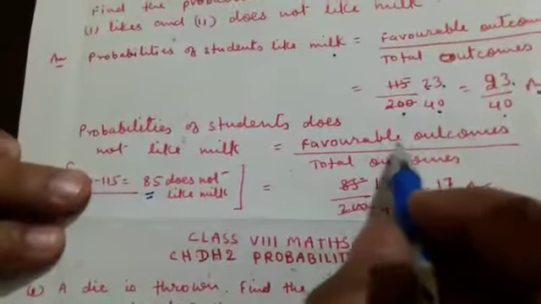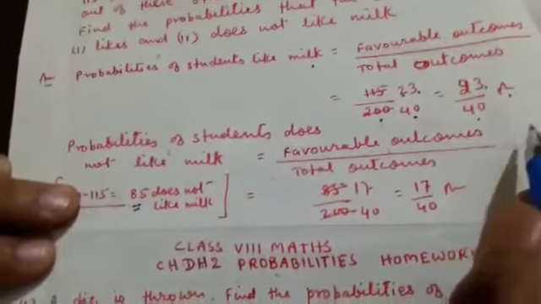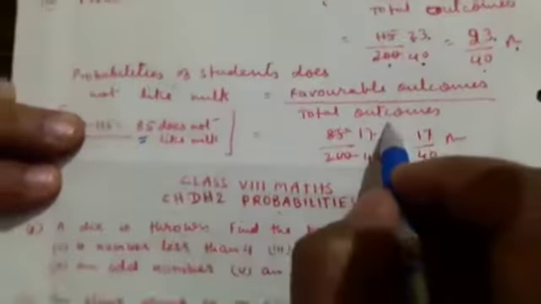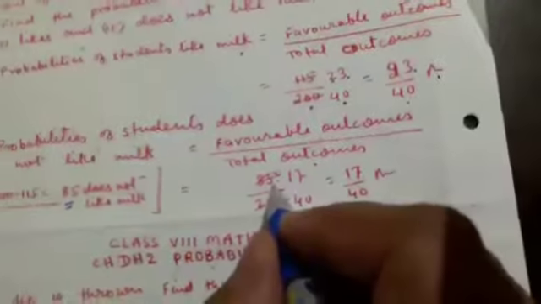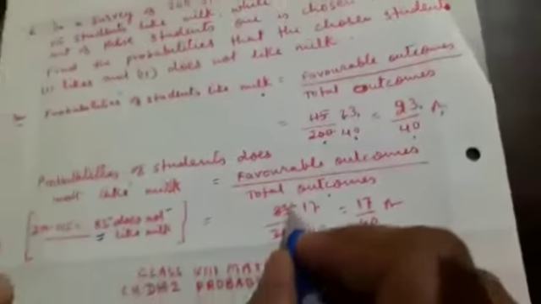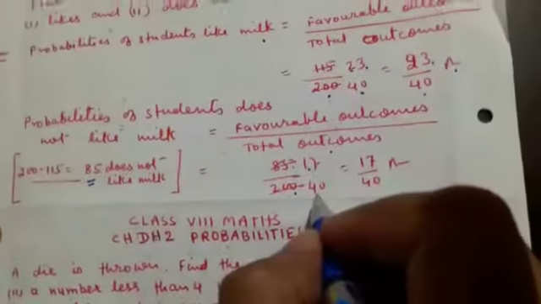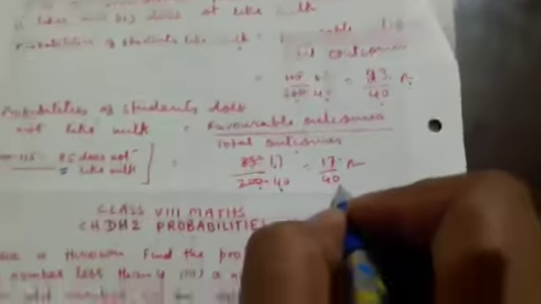So probability of a student who does not like milk is equal to favorable outcomes upon total outcomes. So 85 upon 200, and now let us simplify this by 5. Divide both sides. 17 5s are 85 and 40 5s are 200. So that is 17 by 40 is our answer. This is our answer of this question.